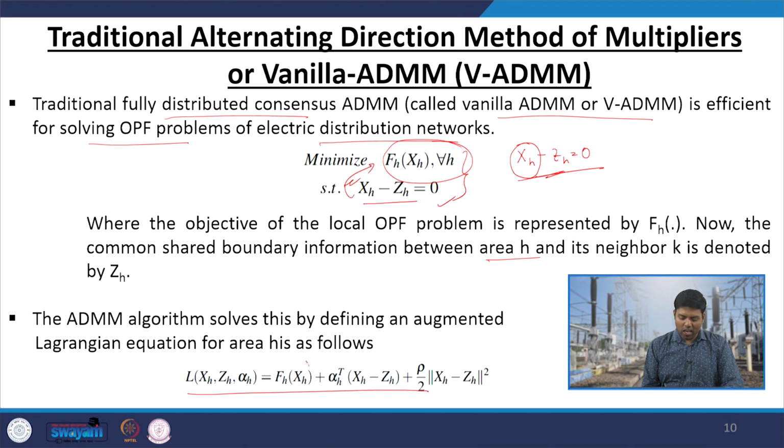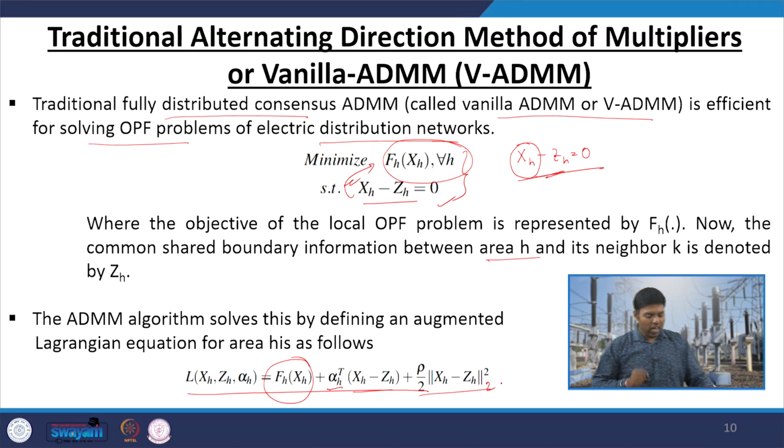That is, your Lagrange will be your actual objective function plus your dual variable times that soft constraint plus a penalty function. This is an L2 norm. That means the more you deviate from your consensus, the more penalty will be imposed on you.